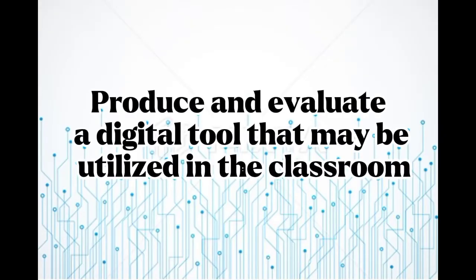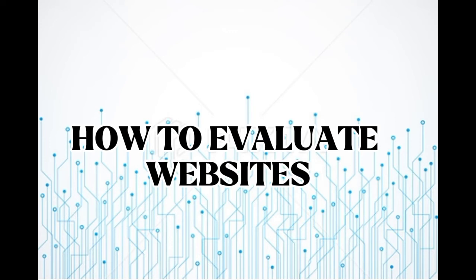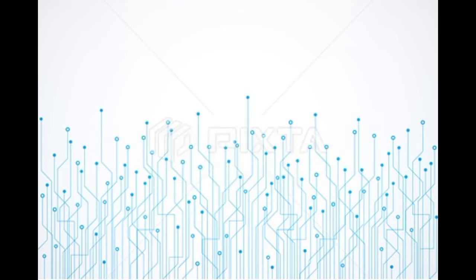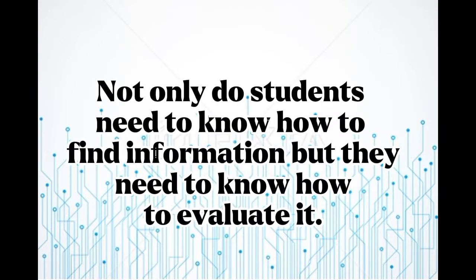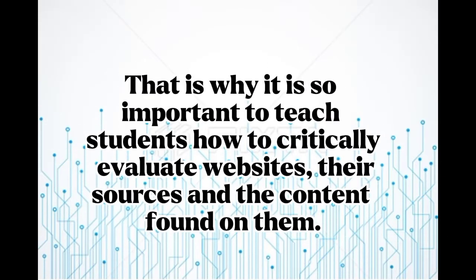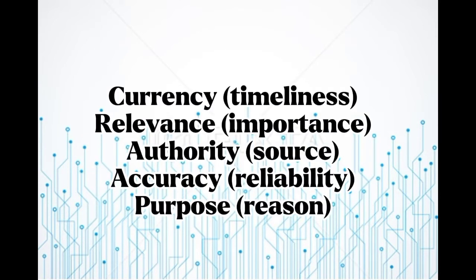Produce and evaluate a digital tool that may be utilized in the classroom. How to evaluate websites. Not only do students need to know how to find information, but they need to know how to evaluate it. That is why it is so important to teach students how to critically evaluate websites, their sources, and the content found on them. The CRAAP test is one method that teachers can use to help students learn how to evaluate digital content.